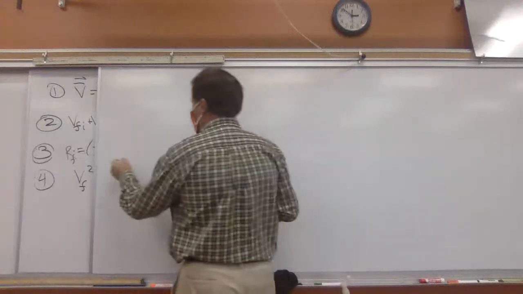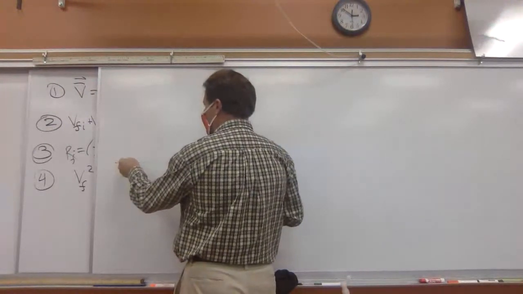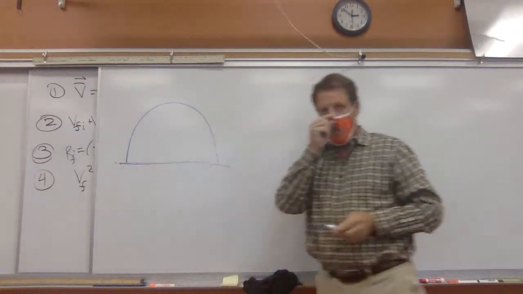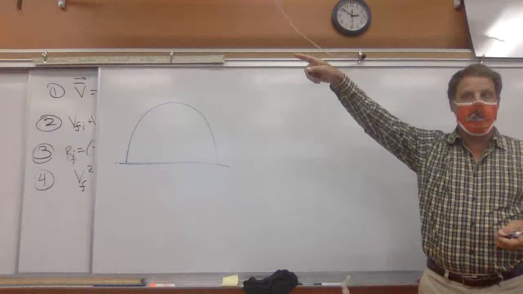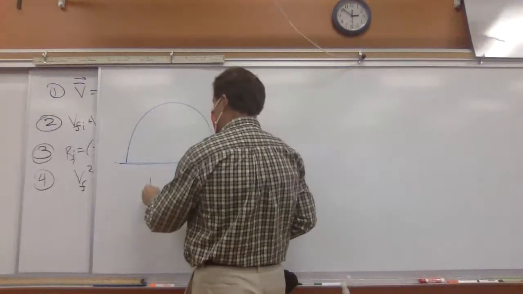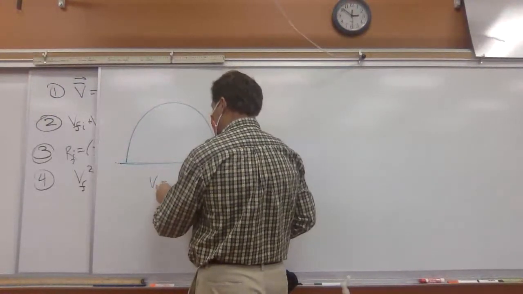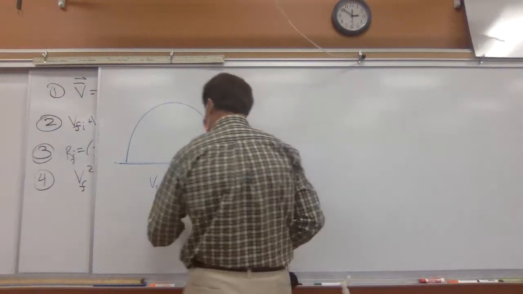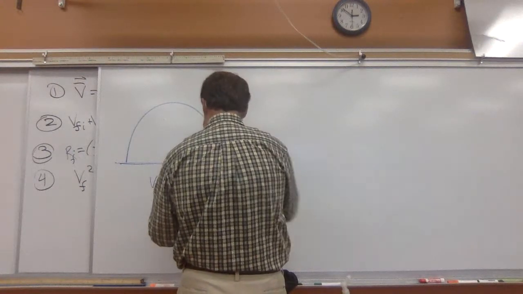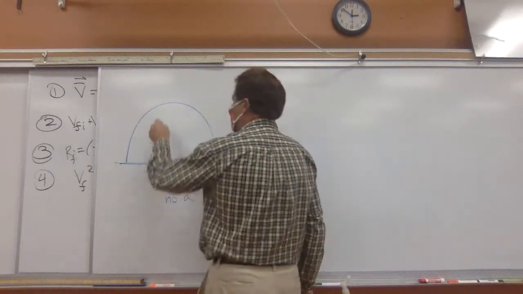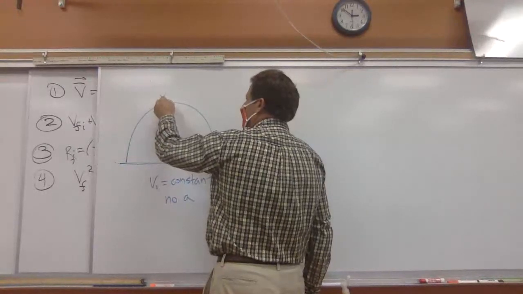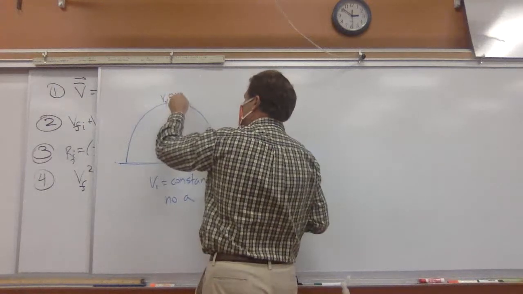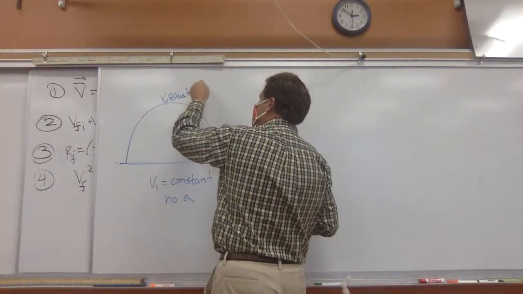As we talked earlier, if we throw something up, it's going to form this parabolic curve. We also know that the velocity in the x direction is going to be constant. There's going to be no acceleration. And we know that the velocity in the y direction at the top is equal to 0.